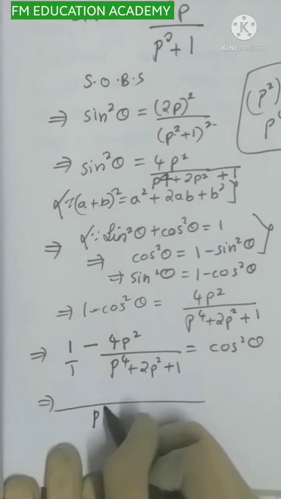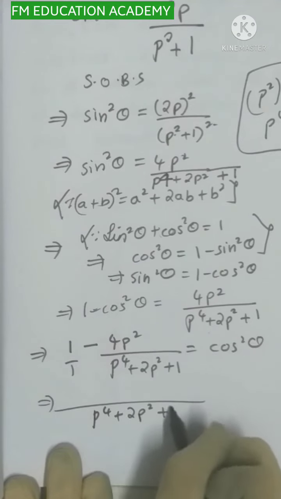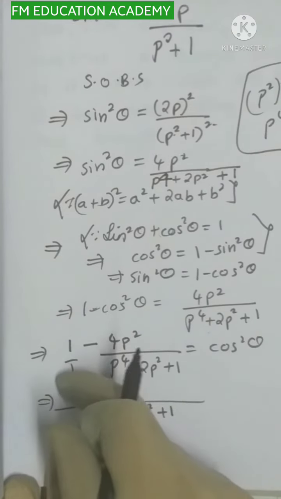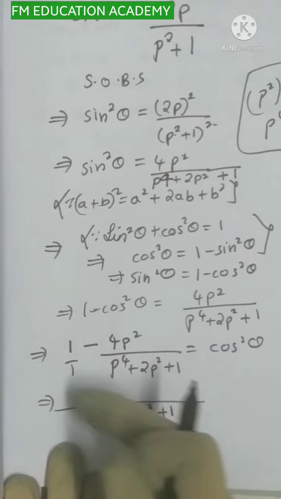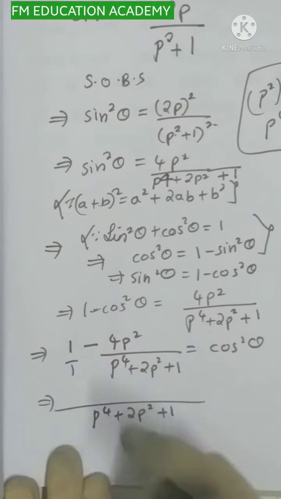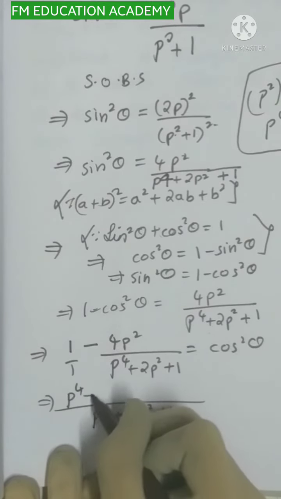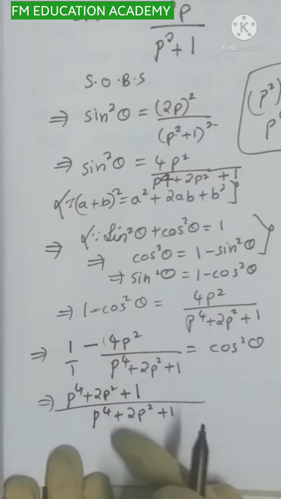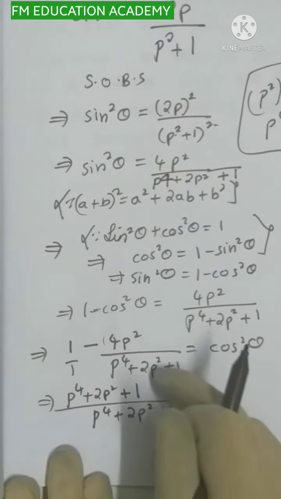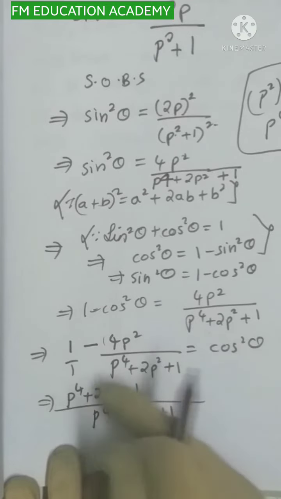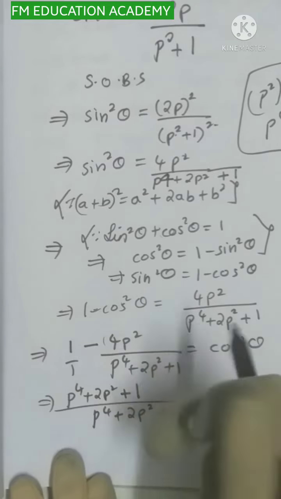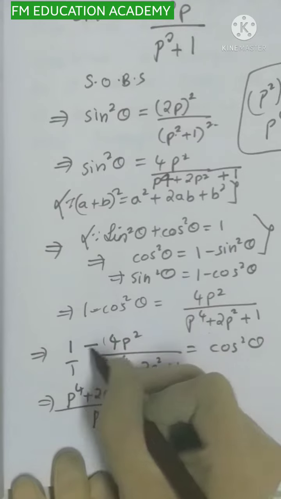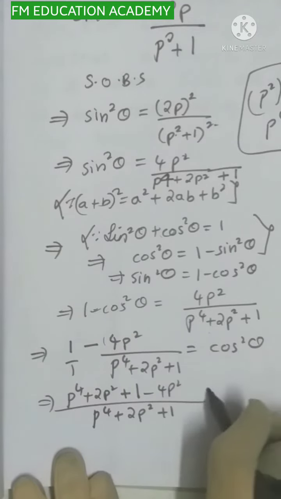The LCM is this denominator, p power 4 plus 2p squared plus 1, and 1 multiplied by it is the same thing. Here the numerator is p power 4 plus 2p square plus 1, and 1 into minus 4p square is minus 4p square is equal to cos square theta.